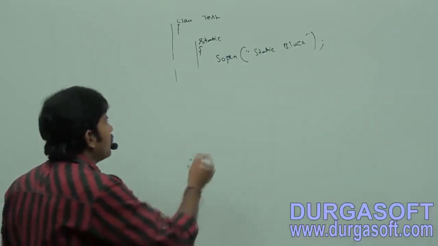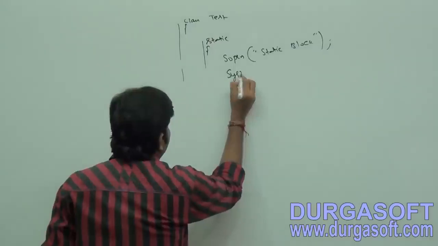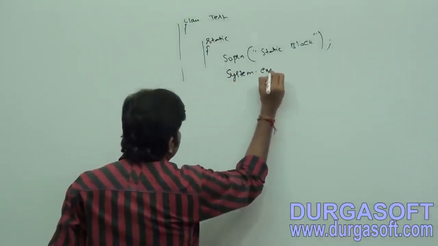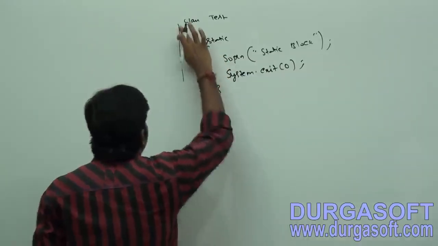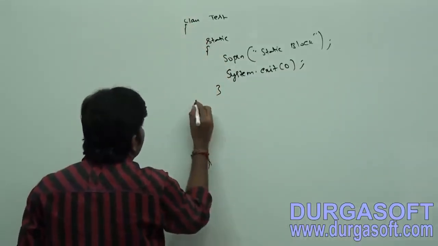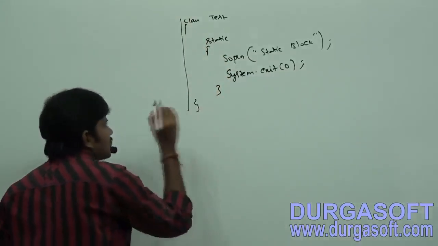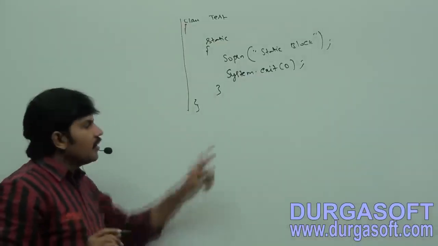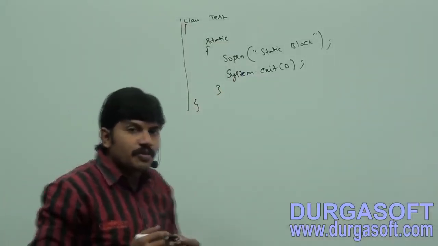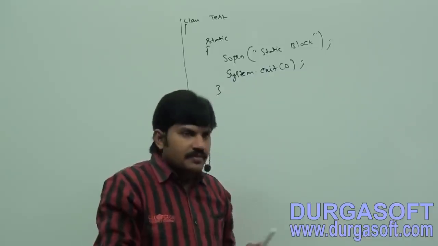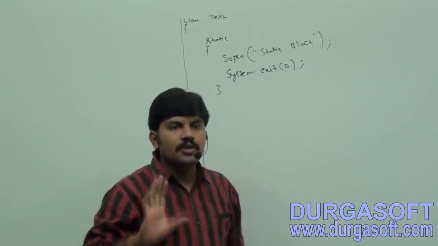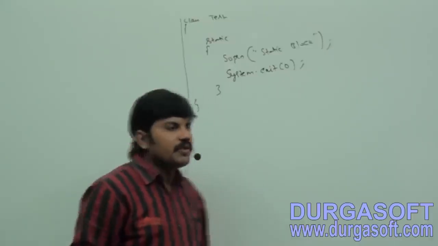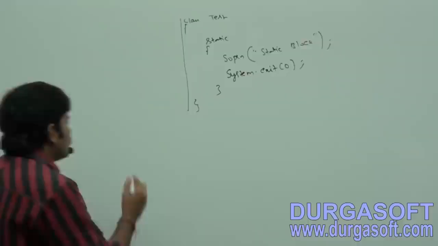That's why I am taking System.exit(0). System.exit(0) means what? Shut down the JVM, exit the system. Now the program execution will be stopped, and the JVM won't continue further.